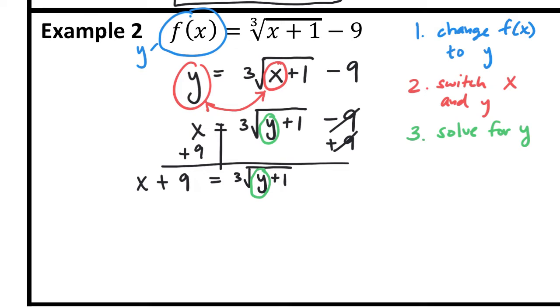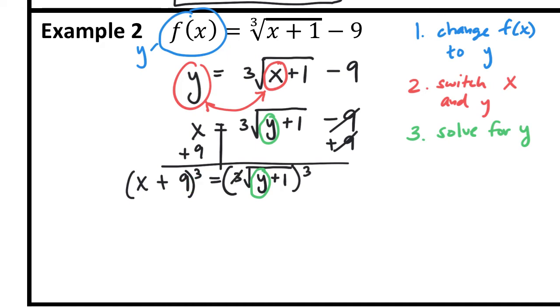So to cancel the cube root we have to raise both sides to the power of 3. Right? So I put the left side in parentheses to the power of 3 and the right side in parentheses to the power of 3.